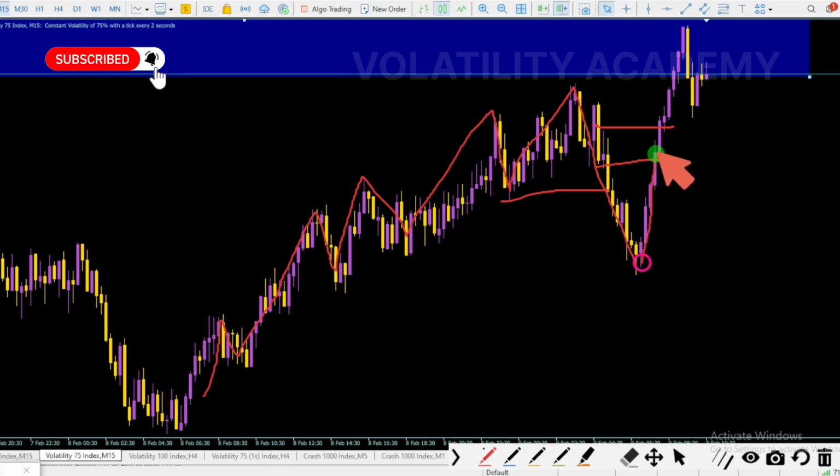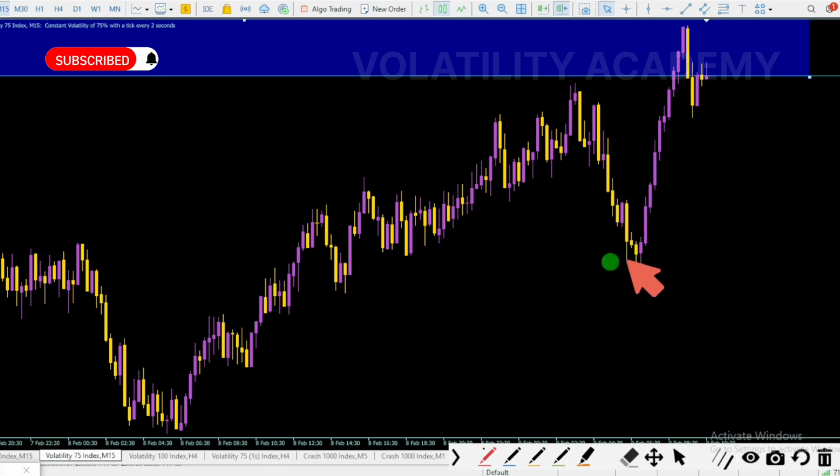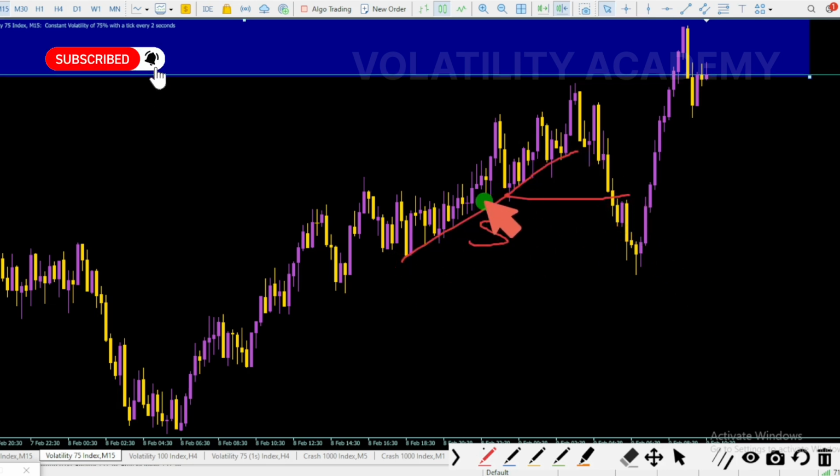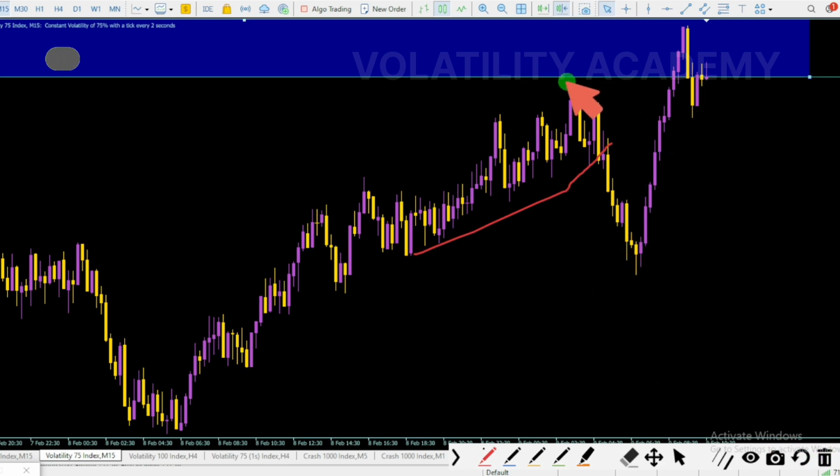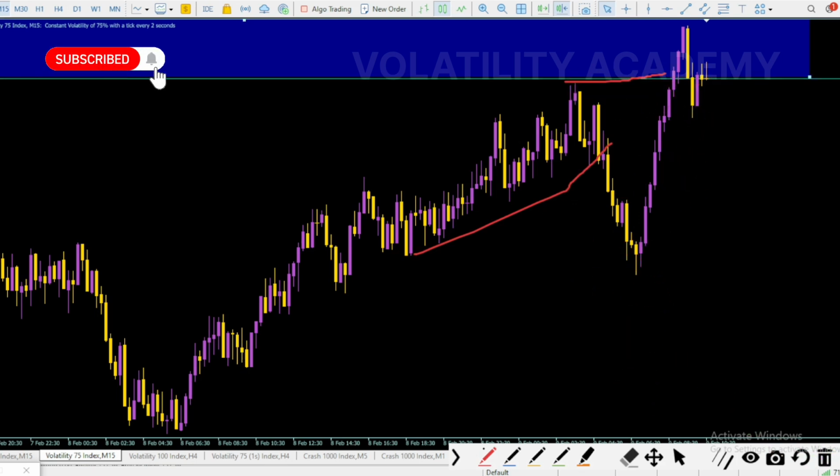The person would have entered here and sold, and guess what, the person would have been stopped out, because this break to the downside right here was just the market taking liquidity. Okay, it grabbed liquidity from these places, and boom, continued to the upside.